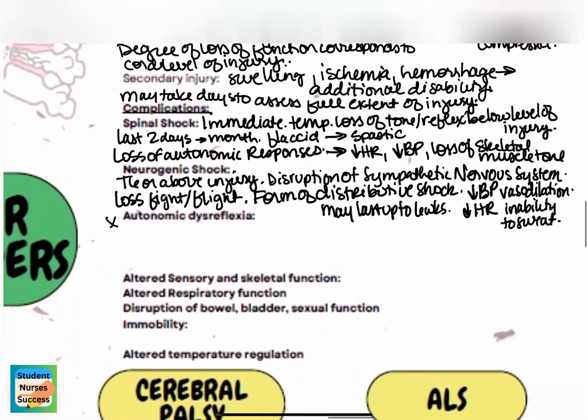Now, autonomic dysreflexia is more of a chronic issue. And it's something you really should be able to recognize. Even though it's a chronic issue, that means it can occur anytime to someone with a spinal cord injury, usually a T6 or above.